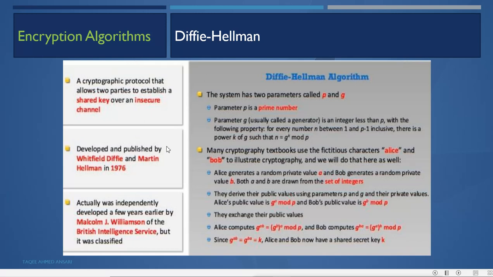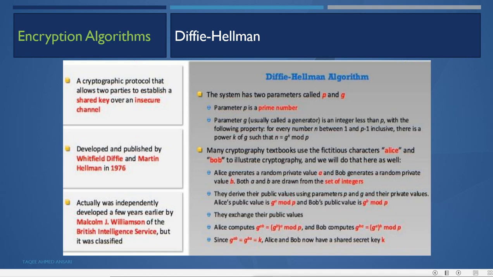It was independently developed a few years earlier by Malcolm J. Williamson of the British Intelligence Services, but it was classified. It was developed publicly and published by Whitfield Diffie and Martin Hellman in 1976.